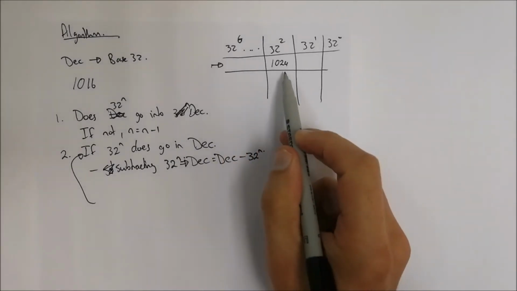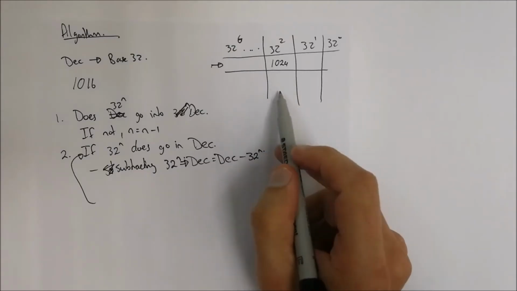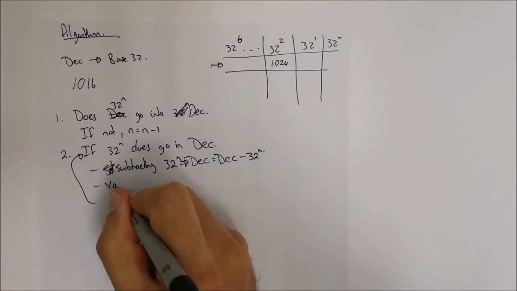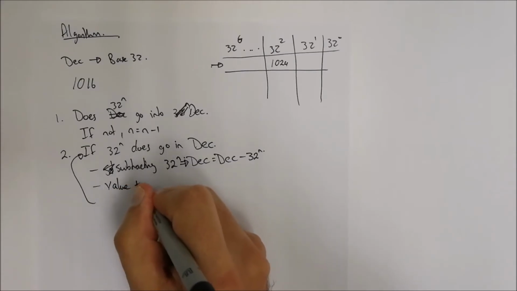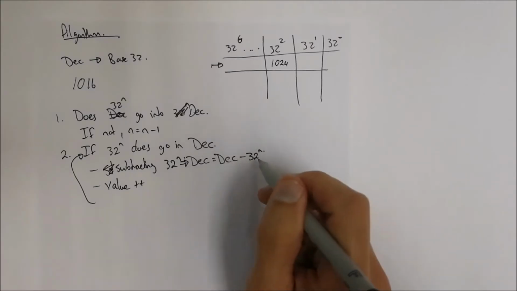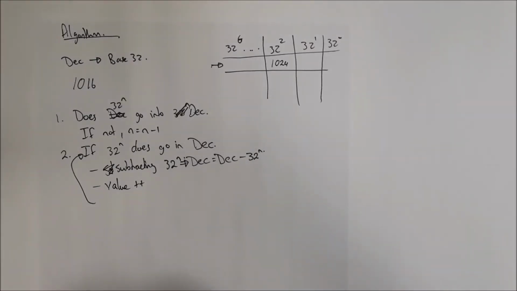But at the same time, we've got to increment some value over here. So we can say some value is going to be incremented every time that we subtract 32 to the power of n.